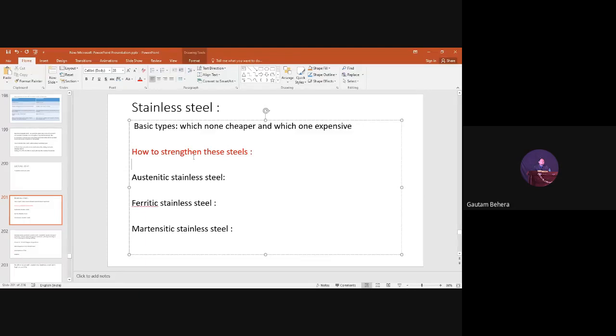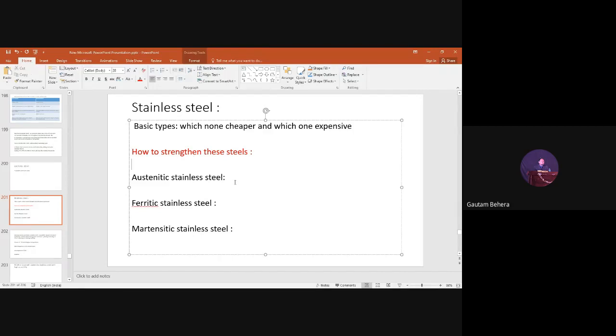There is no clear cut definition, but 11.5% is enough to define it. In addition to that, we can have nickel and some other alloying elements. But if a steel contains chromium above 11.5 weight percent or above 12 weight percent, it is called stainless steel only, right? Whether it contains other alloying elements, it doesn't matter.